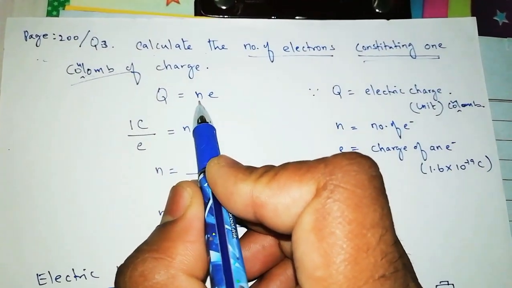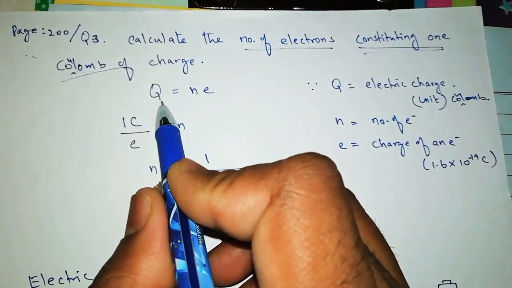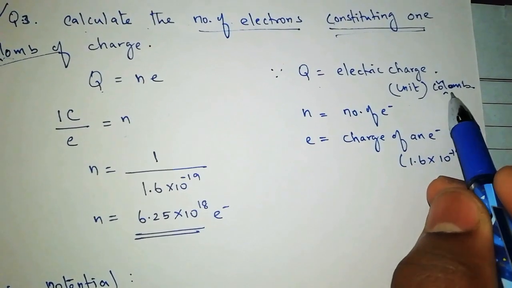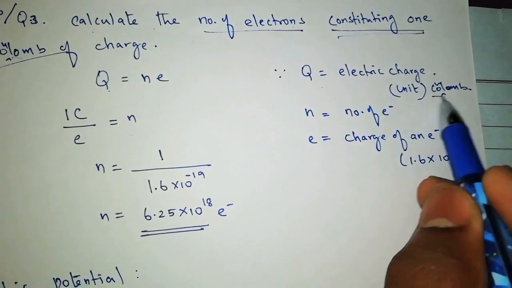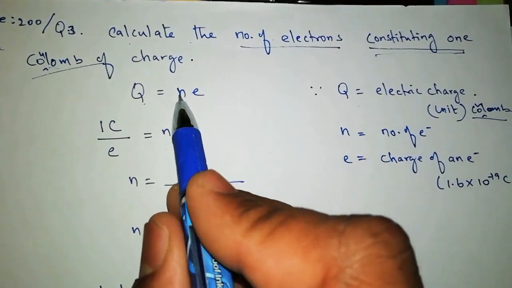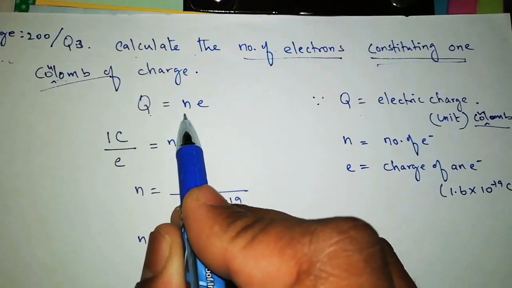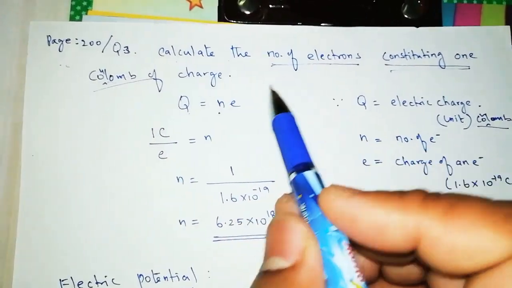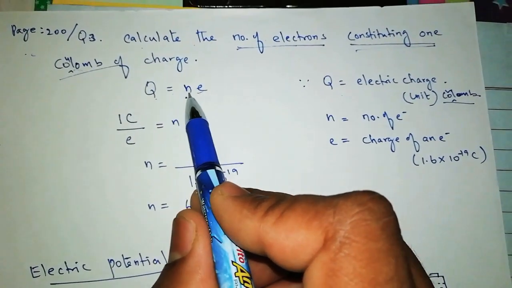Q is equal to Ne. And what is Q? Q is nothing but electric charge. The unit of electric charge is coulomb. And what is N? N represents the number of electrons. And in this question we should find the number of electrons, so we should find N, right?